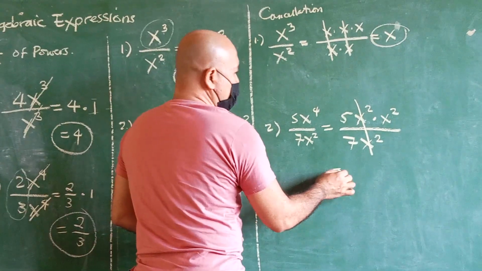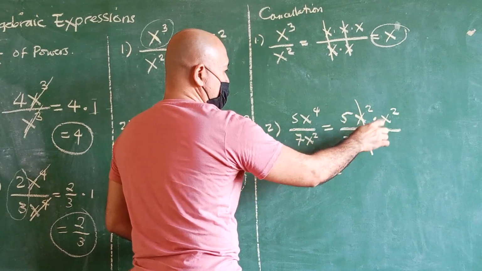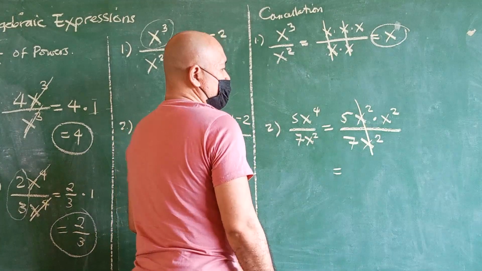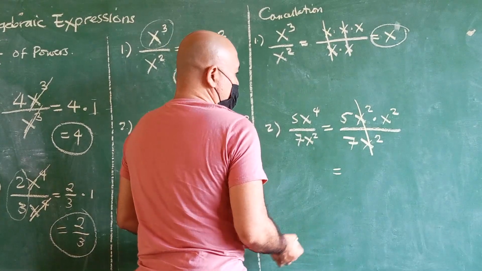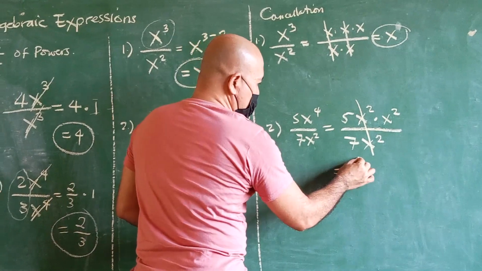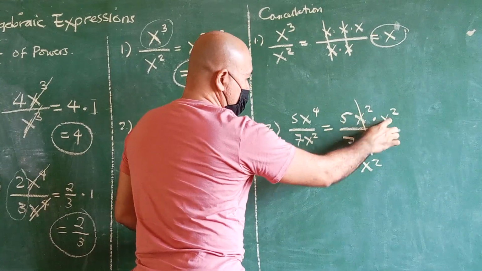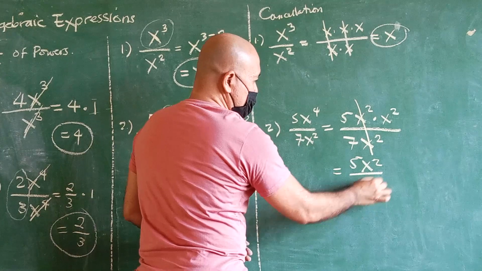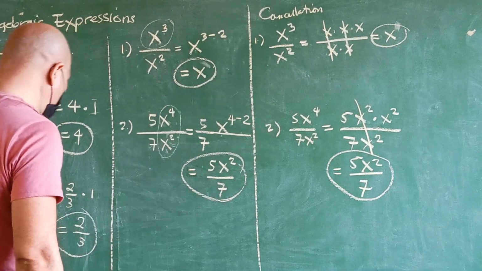You don't need to copy 1 anymore if there are other terms or numbers still in the answer. So just copy 5x squared over 7. This is now your answer for that one.